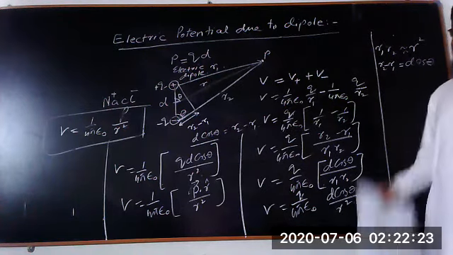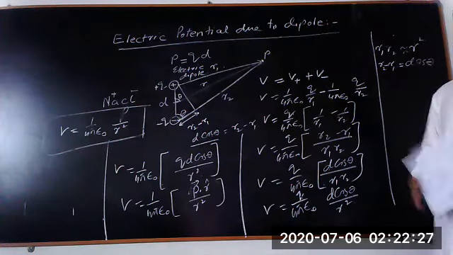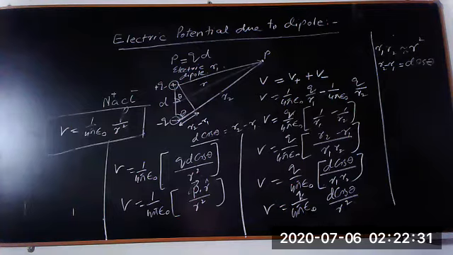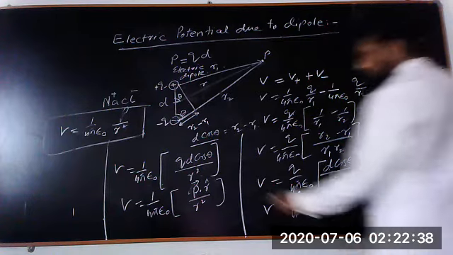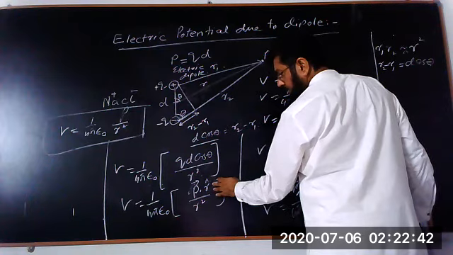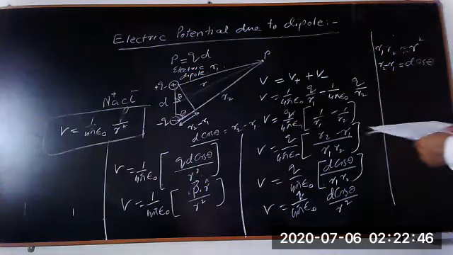So this is what we have done. Now the potential is P dot R over R square.